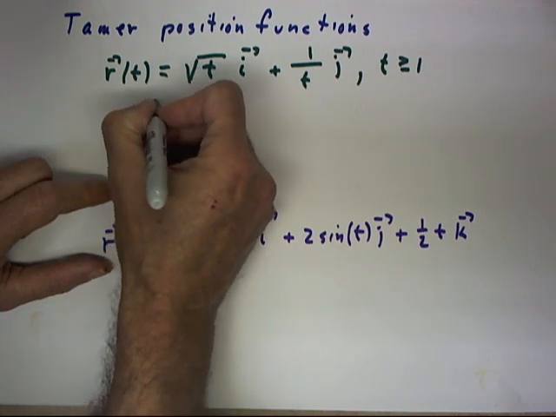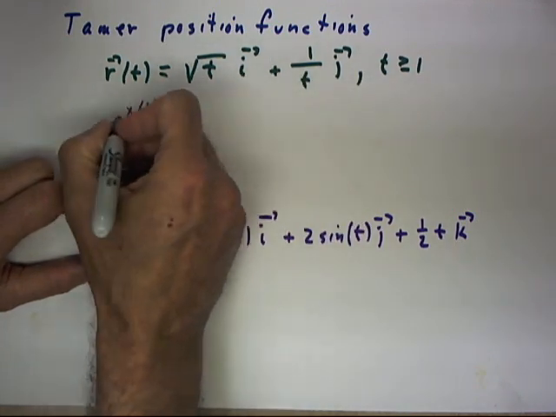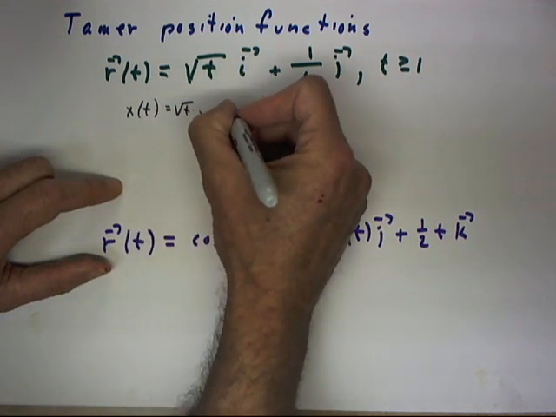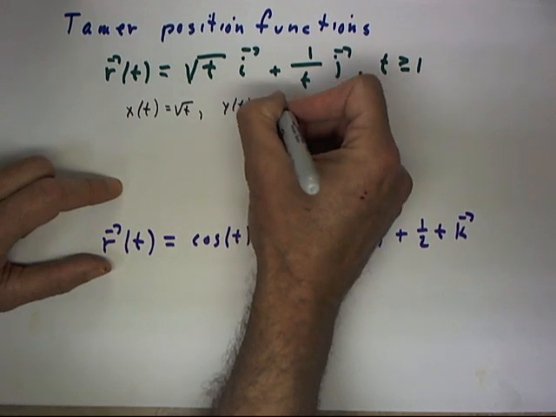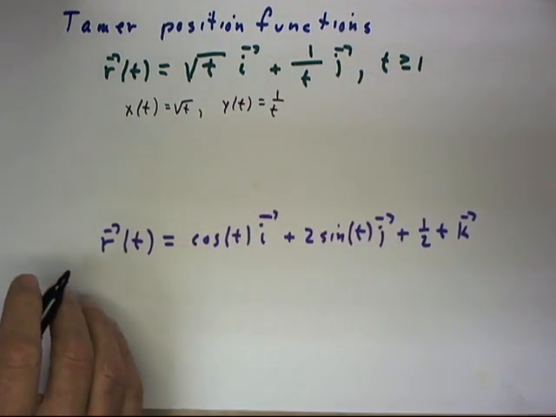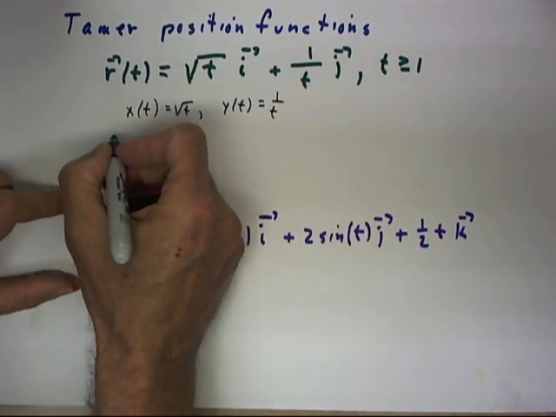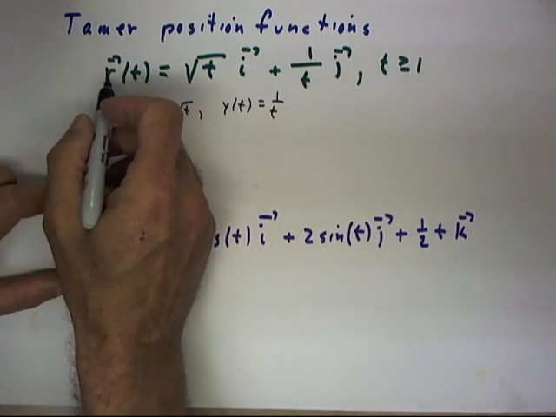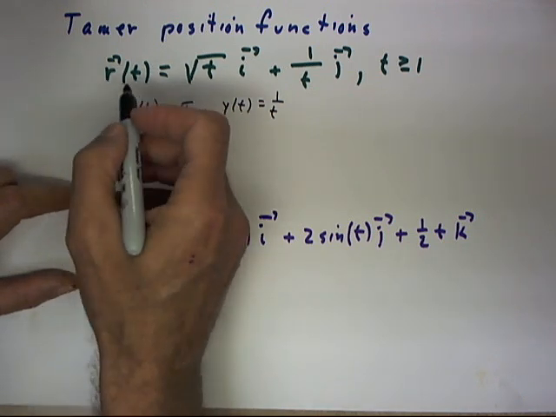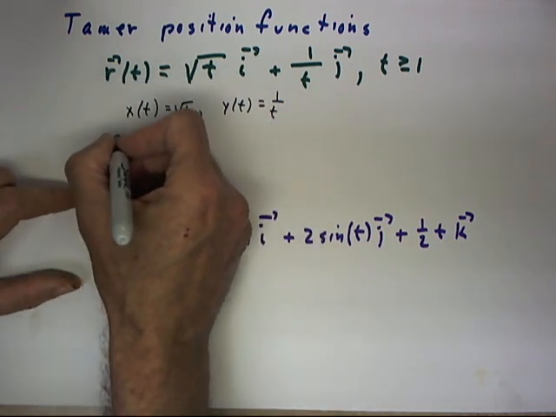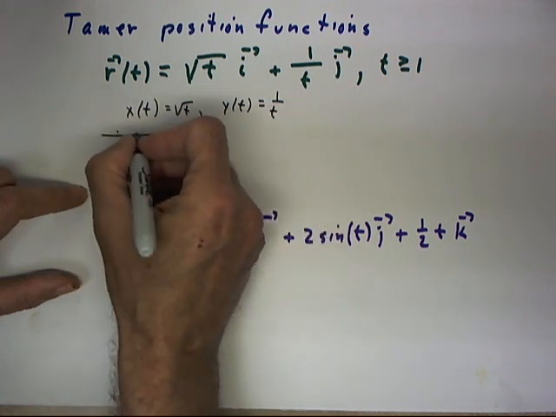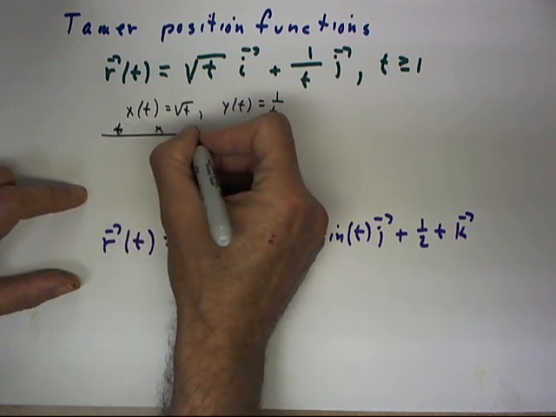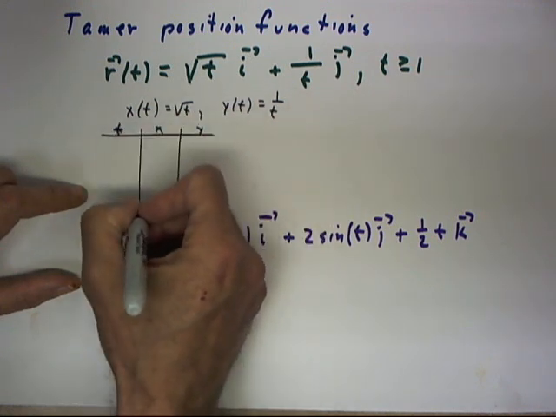We see that this function could be described parametrically by x of t equals square root of t and y of t equals 1 over t. We could sketch a graph of points on the path described by this vector as it moves through the plane, and we could, for example, have t values in the first column, x values in the second, y values in the third.